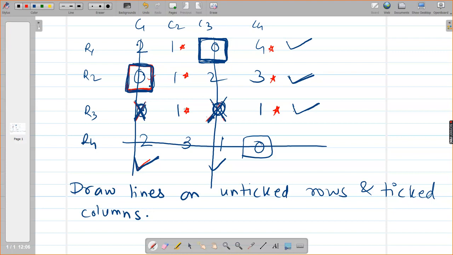What is that minimum entry? 1. So subtract that 1 from all the elements which are not on any line. मतलब ये जो सारे 6 लोग हैं, इनमें से मैं 1 subtract कर दूंगी. Is that okay? Are you getting the point?